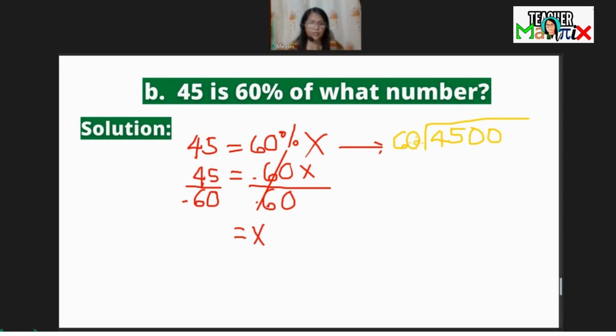What do you think is the nearest? Of course, 45. You cannot divide 45 by 60. So you have to add 0 to make it 450. And 450 is bigger than 60.